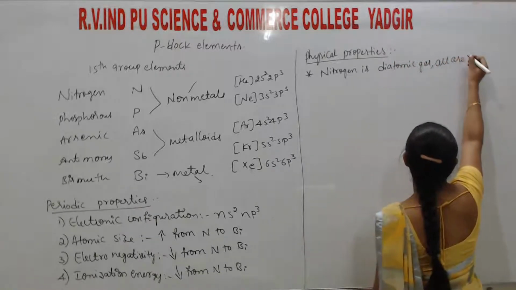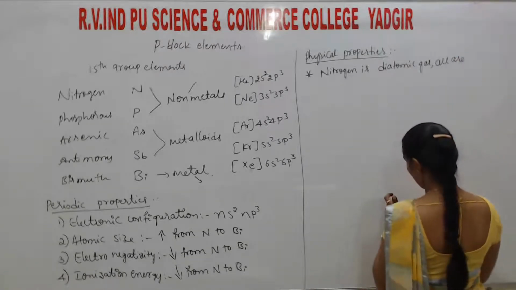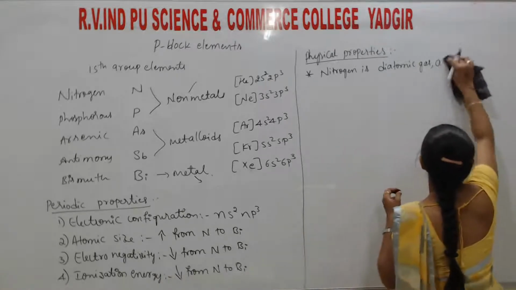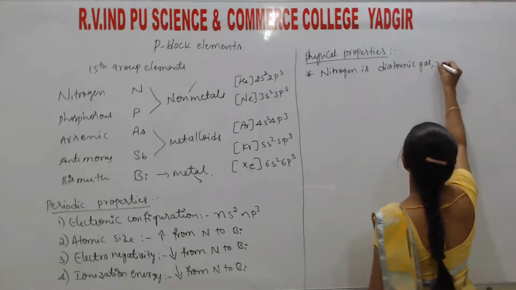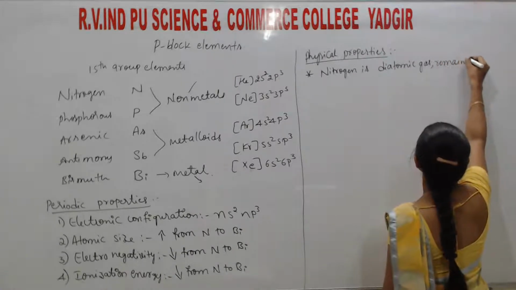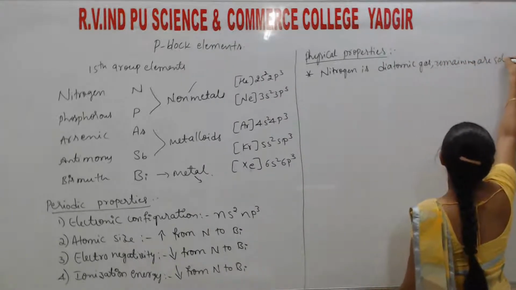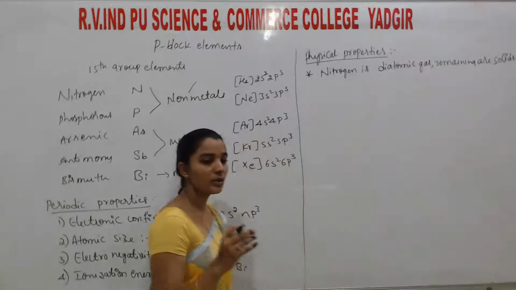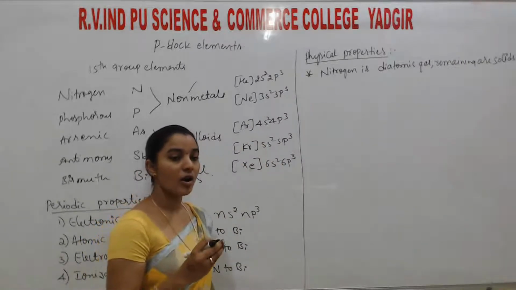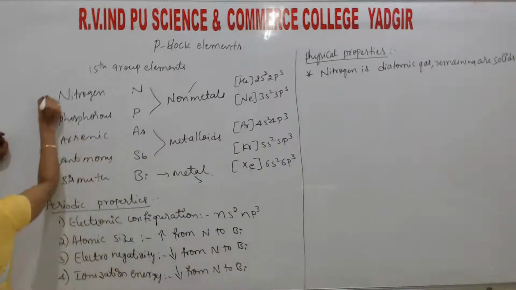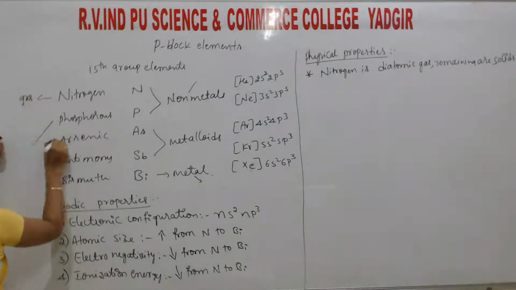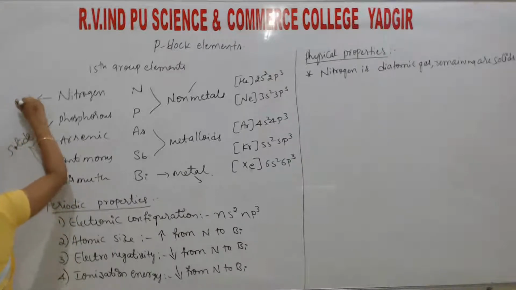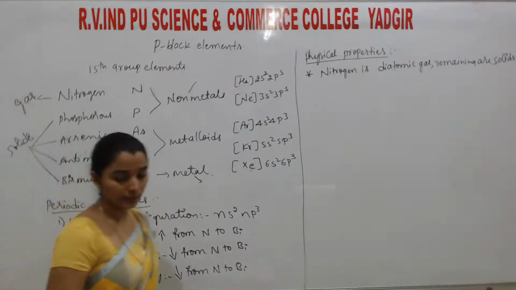All the remaining are solids. Except nitrogen, phosphorus, arsenic, antimony, bismuth, all are solids. And right here, this is a gas. All these four are solids. This one is a gas. That's what I wrote here.